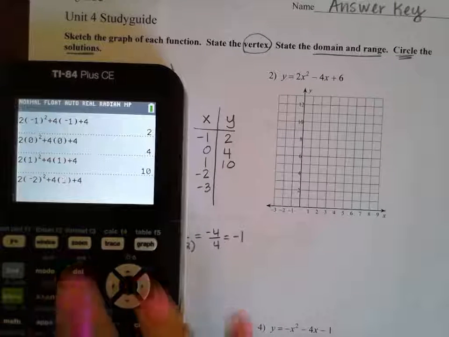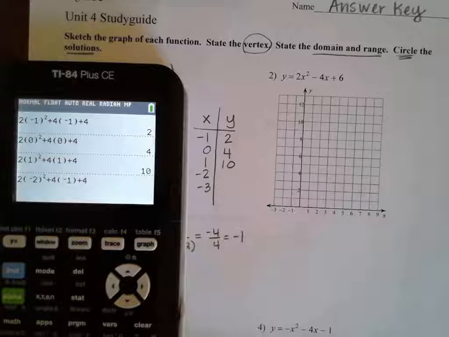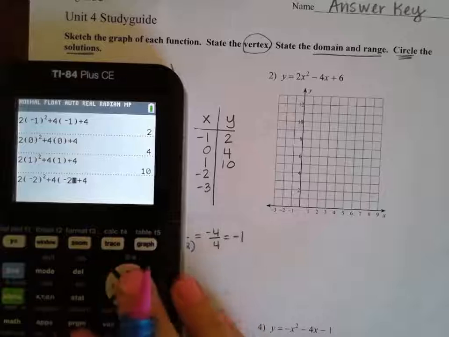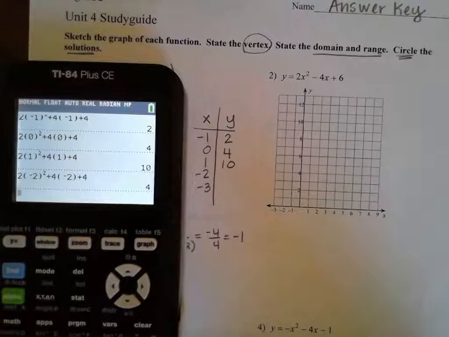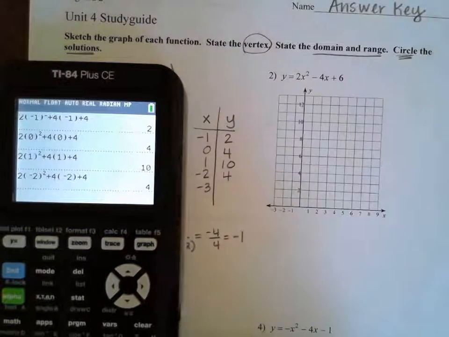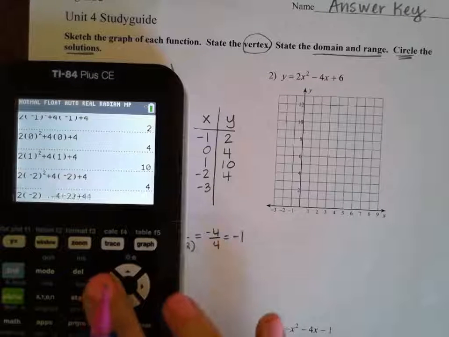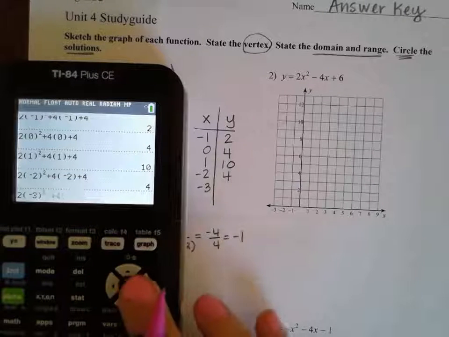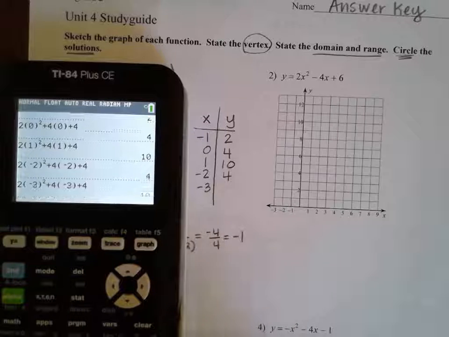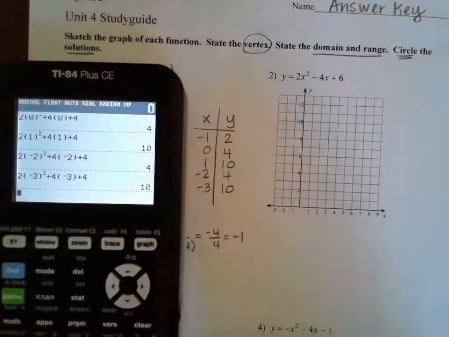And then we need second, there we go, negative 2, we'll get rid of that, and then hit enter, and we get 4. One more, second, enter, put a negative 3 in there, hit enter, and we get 10.